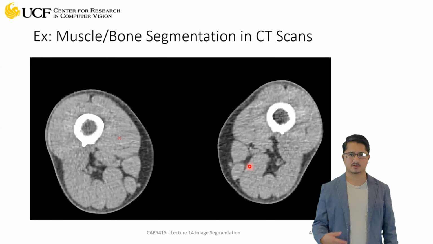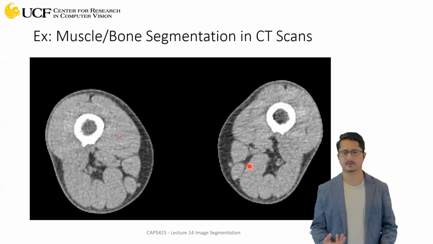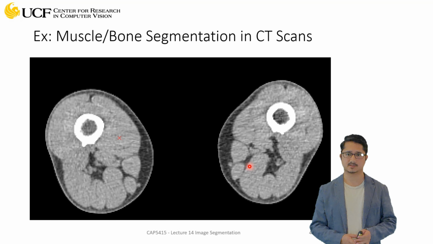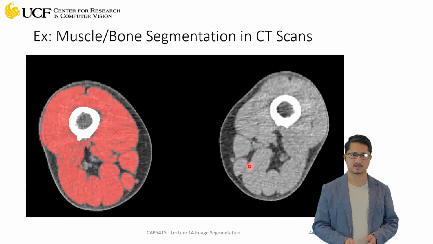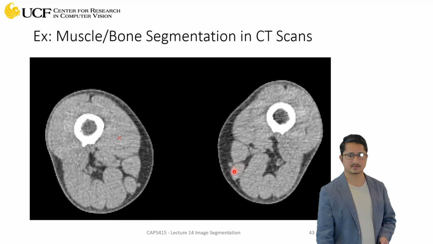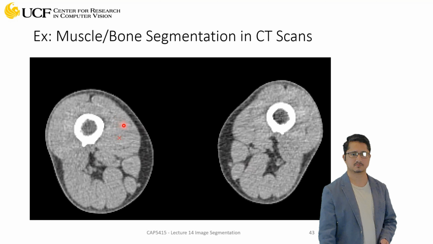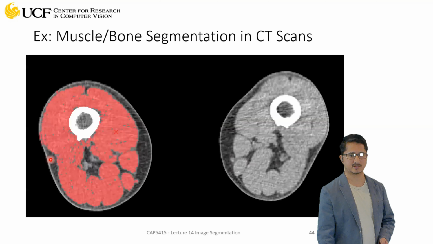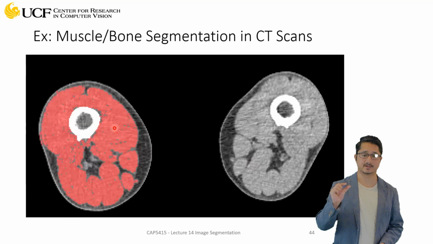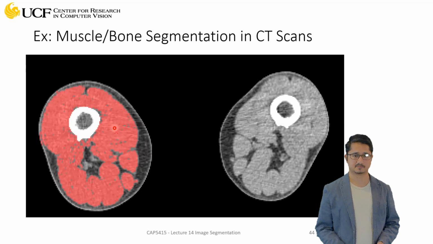Now, some interesting examples where this can be useful. This is a CT scan. And so let's say this was your starting pixel intensity. Then you will get some kind of segmentation like this. And again, this is just based on the intensity of each pixel.